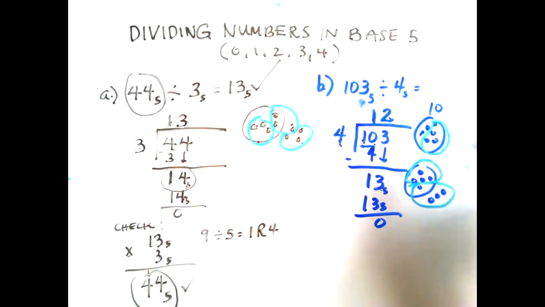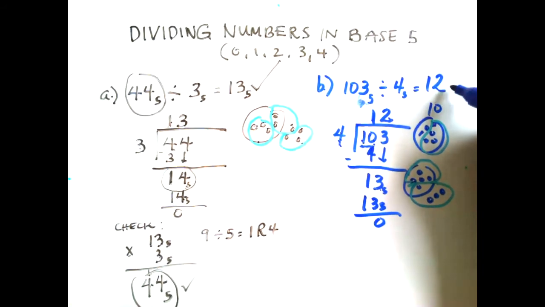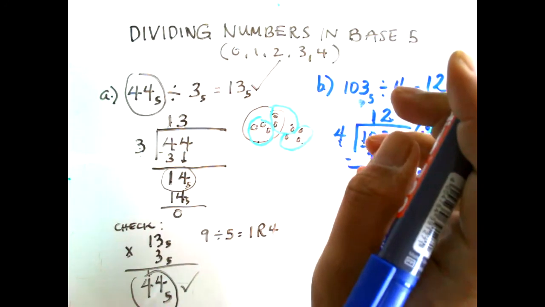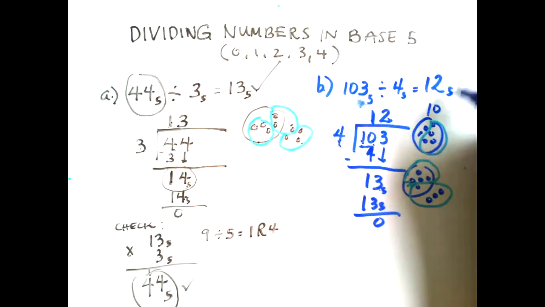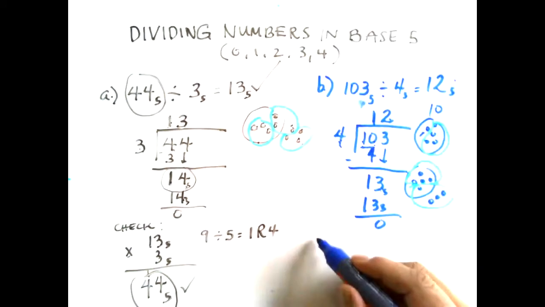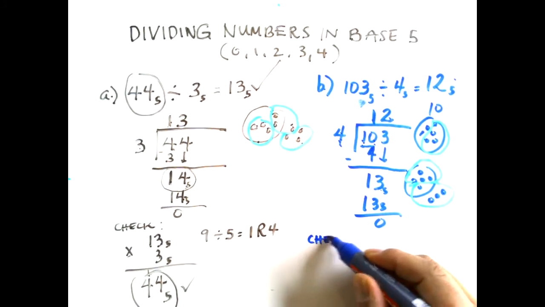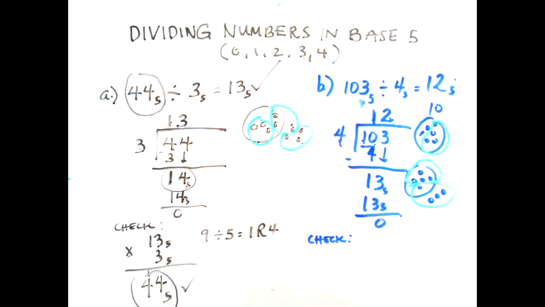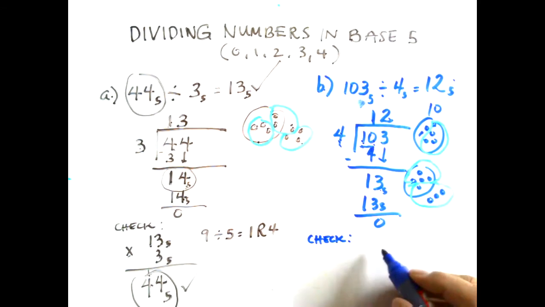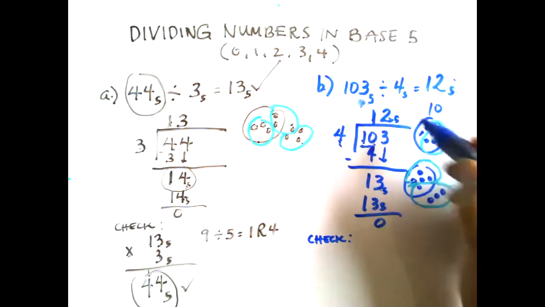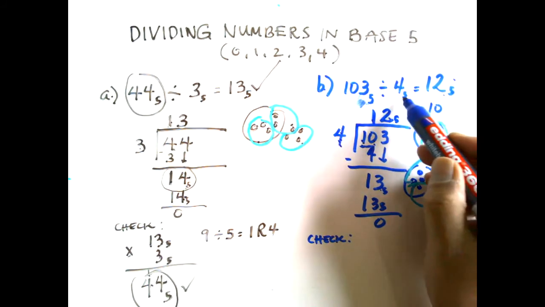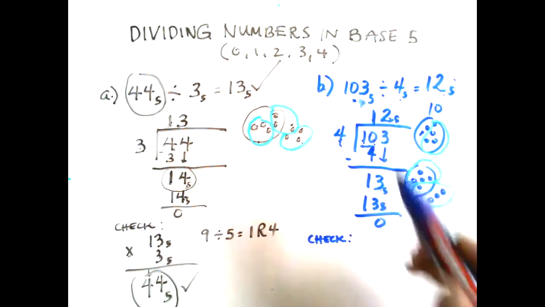So your answer here is 1 2 in base 5. Now, how do we know that is correct? We might be wrong. Even me as a teacher sometimes make mistakes, but through the checking we should be able to arrive at the right answer. So we have this multiplied by this, and we should get that answer there.